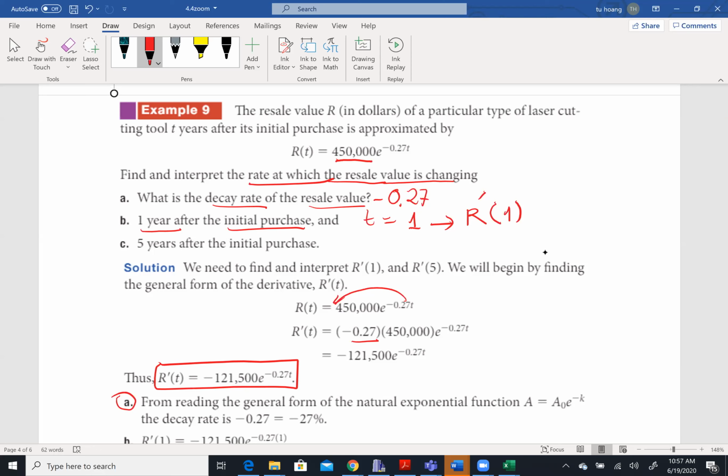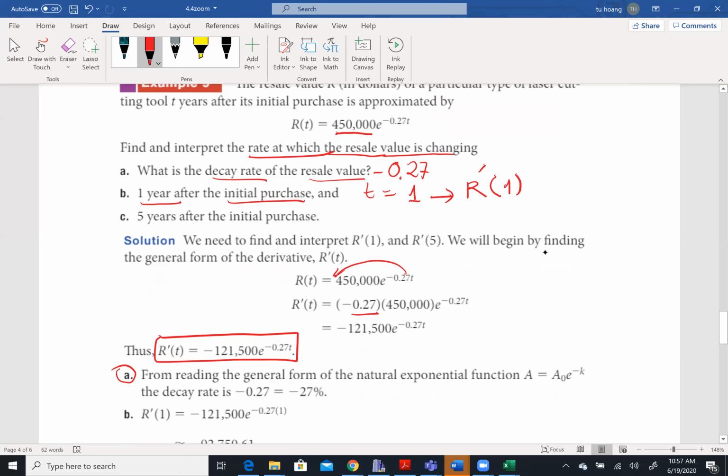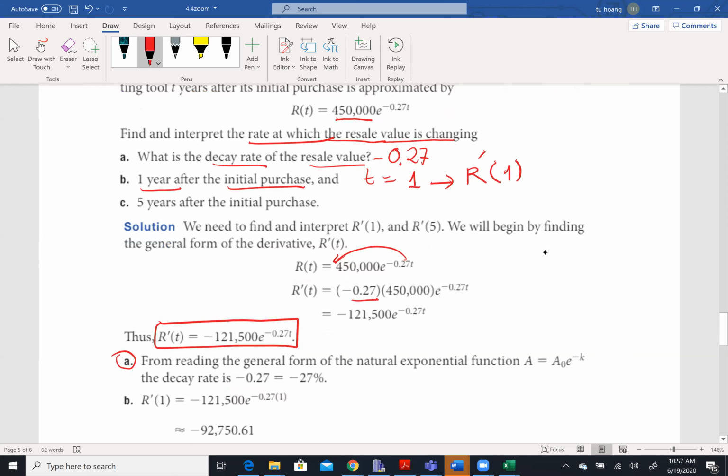That is for the resale value. You can notice that that is just the general rate of change.